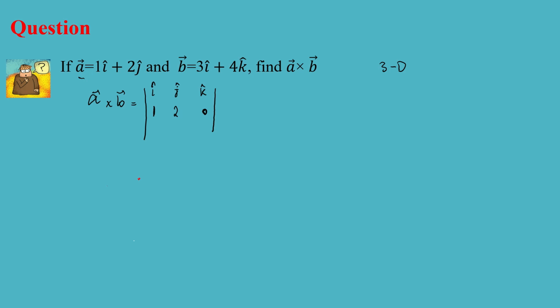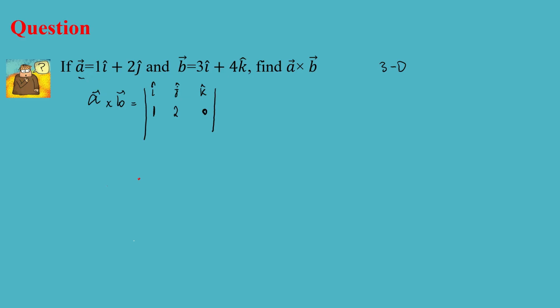Feel free to pause the video and think about it. So for vector B, I have I, so it's going to be 3. There is no value for J, like the y-axis, so it's going to be 0. And then for the z-axis, it's going to be 4, right?